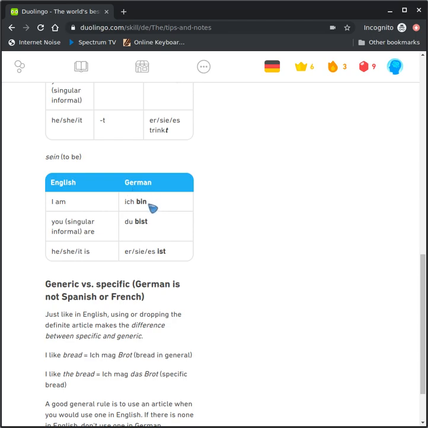In German we say ich bin. In English we say you, singular, informal, are. In German we say du bist. If it were formal, instead of singular, informal, we'd say Sie sind. He, she, or it is. He is, she is, it is. Er, sie, es ist.